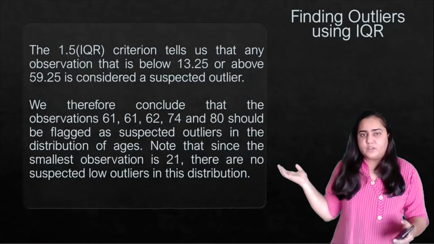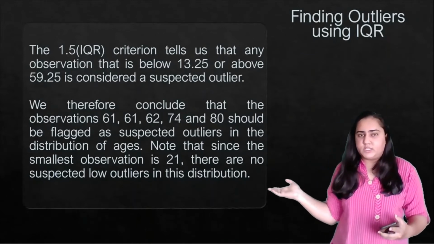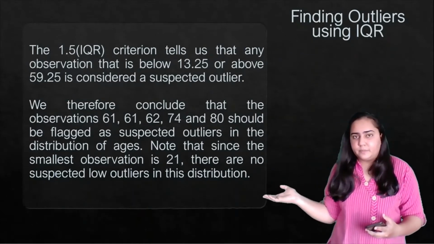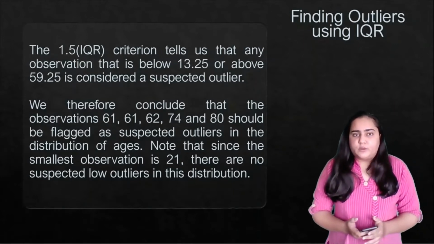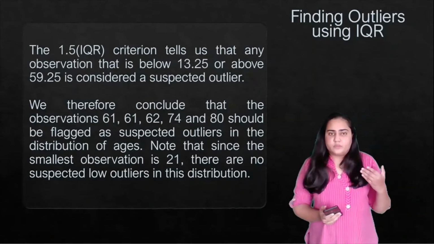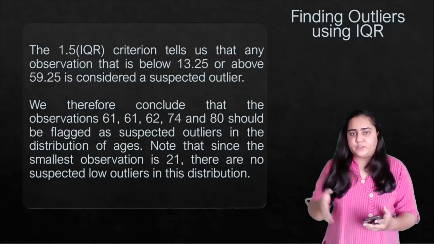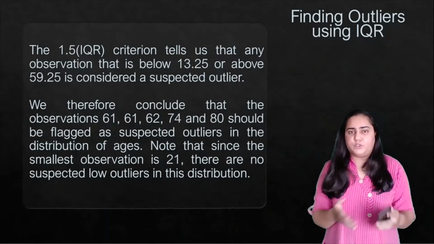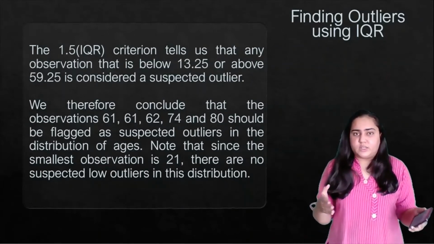Now the values that we supposed were outliers were 61, 61, 62, 74, and 80. So all 5 values are going to be outliers because they are all greater than 59.25, which is the upper limit of our range.